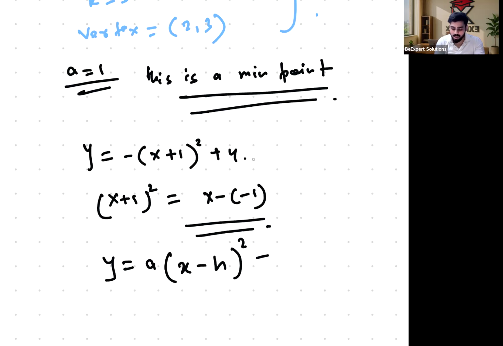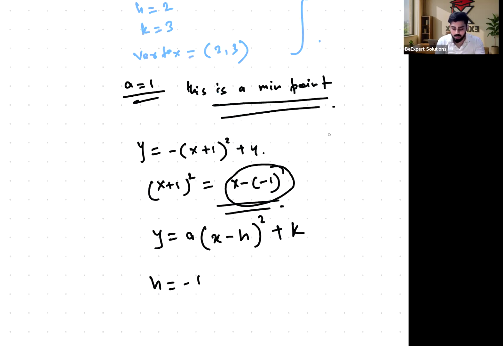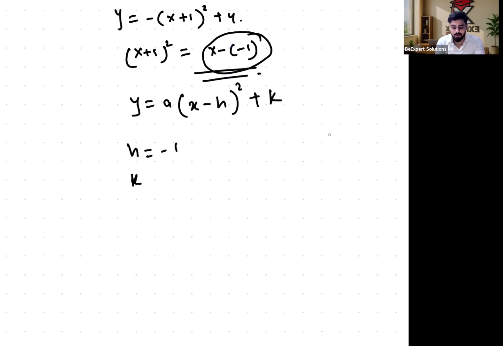If I write it in this format, then I can decide my h is minus 1, and my k is obviously positive 4, as you can see in the equation. So that's one thing, guys, don't get confused.